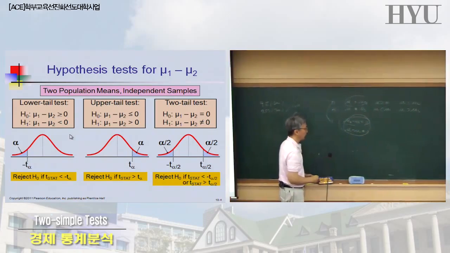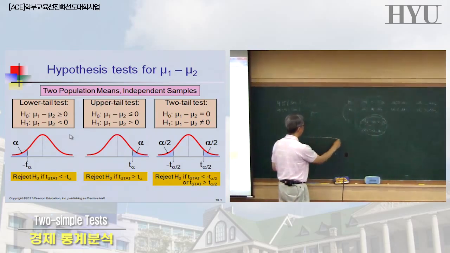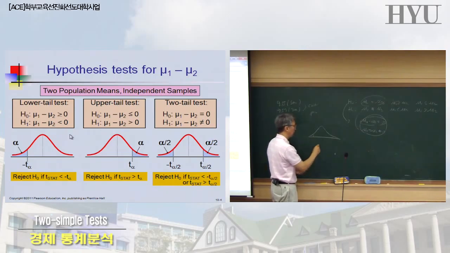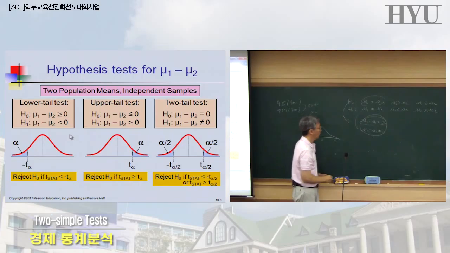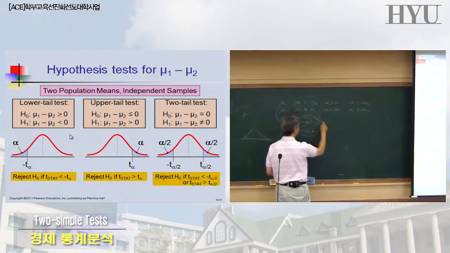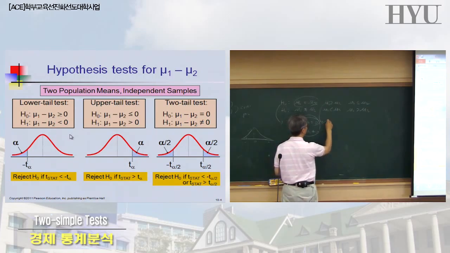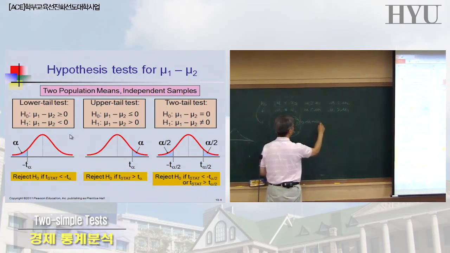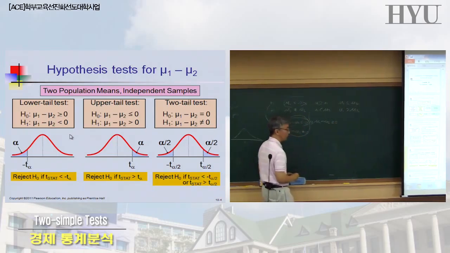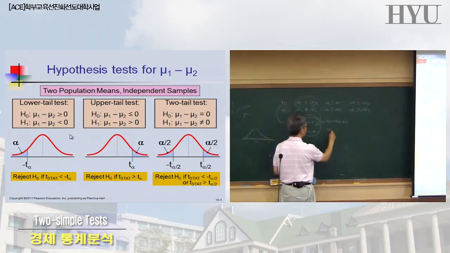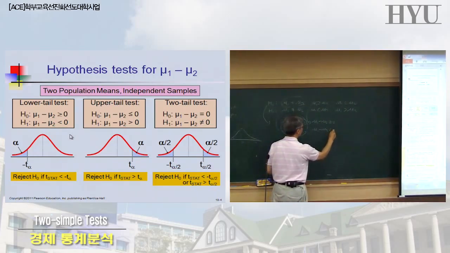Because it has some benefit when you're trying to find out whether it's an upper tail test or lower tail test. We need to find out whether it's greater than 0 or less than 0, right? So for example, another way to write this claim is mu1 minus mu2 is what? Greater than or equal to 0 versus mu1 minus mu2 is less than 0.